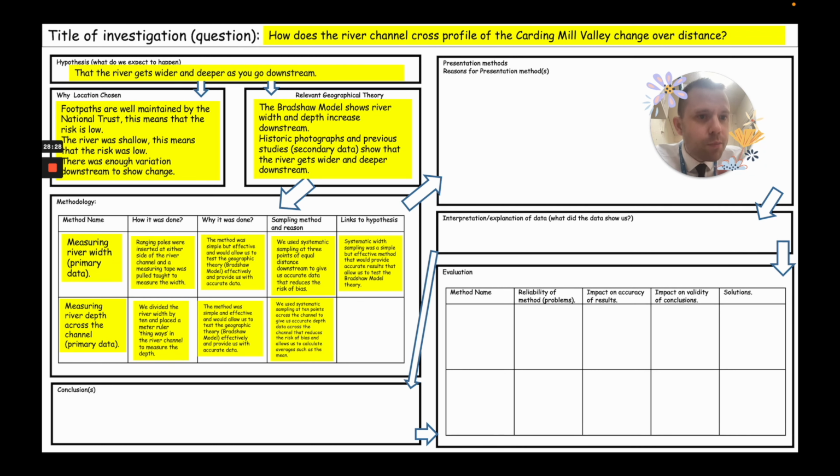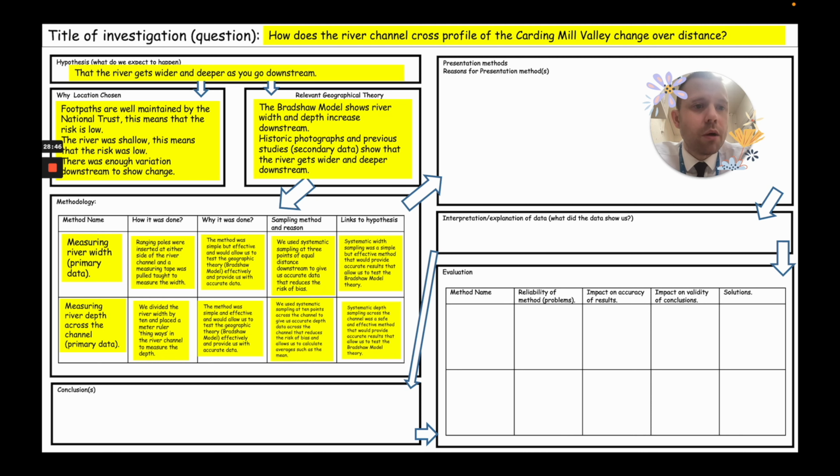So we could add up all the depths, divide by 10 and get the mean depth, and that's good for interpretation. Links to hypotheses. Well, again, it's systematic depth sampling. It was a safe and effective method that would provide accurate results to allow us to test the Bradshaw model theory. Okay, so there are our two primary methods.